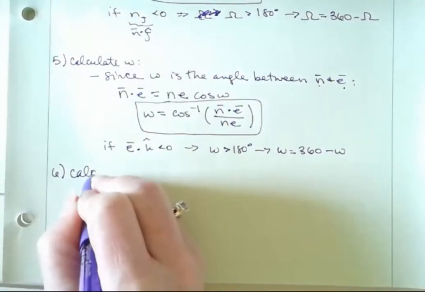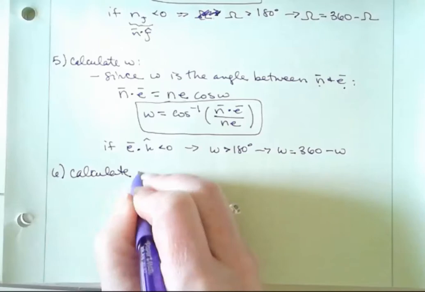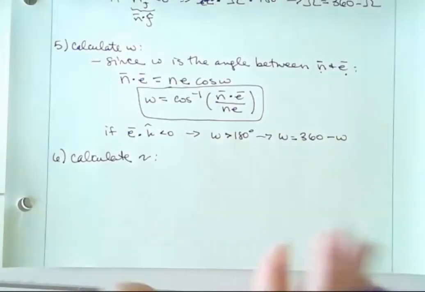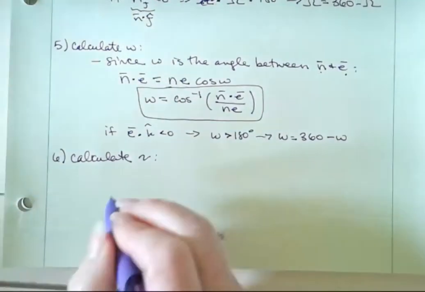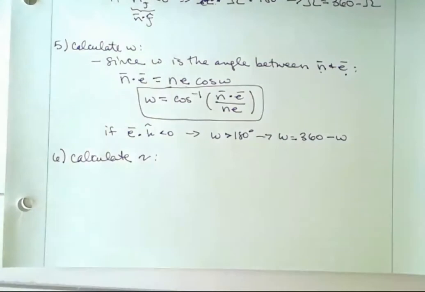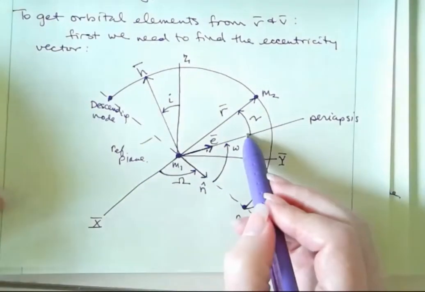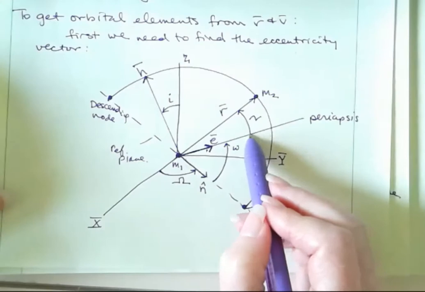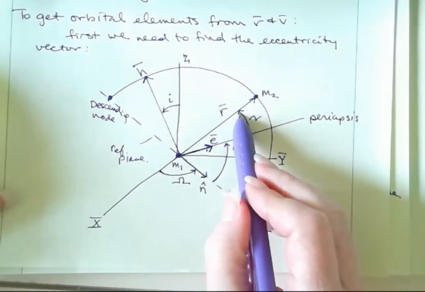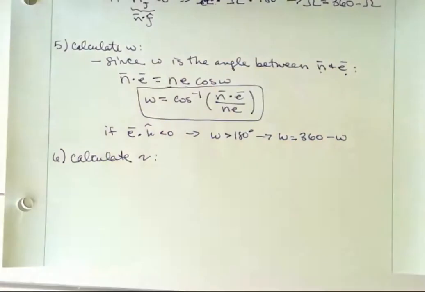All right, final thing. We're going to calculate true anomaly. If you look at this picture again, true anomaly is the angle between the eccentricity vector here and this R. So angle between two lines again.